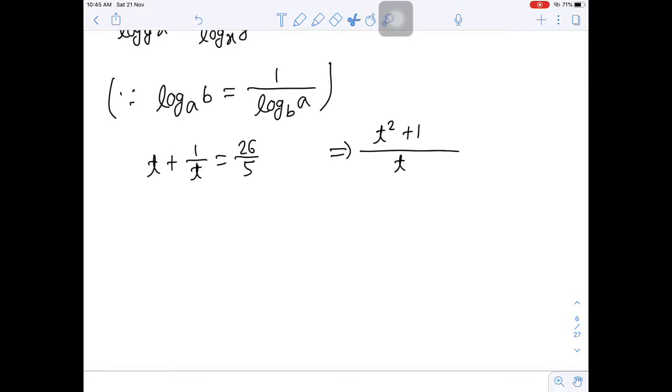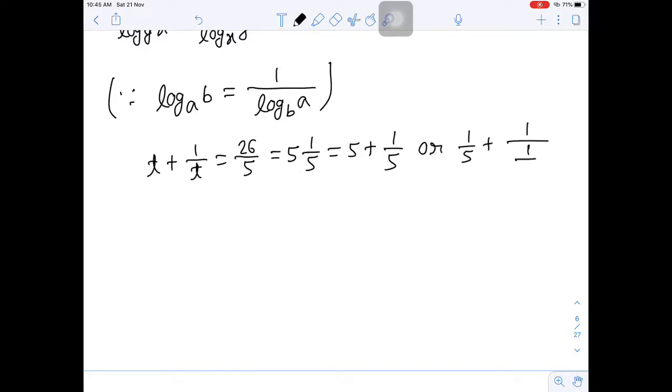Okay, first maybe I will discuss the shortcut method for this. The shortcut method: 26 by 5, if you convert to a mixed fraction, is 5 1 by 5. That can be written as 5 plus 1 by 5, or you can also write it as 1 by 5 plus the reciprocal of 1 by 5.